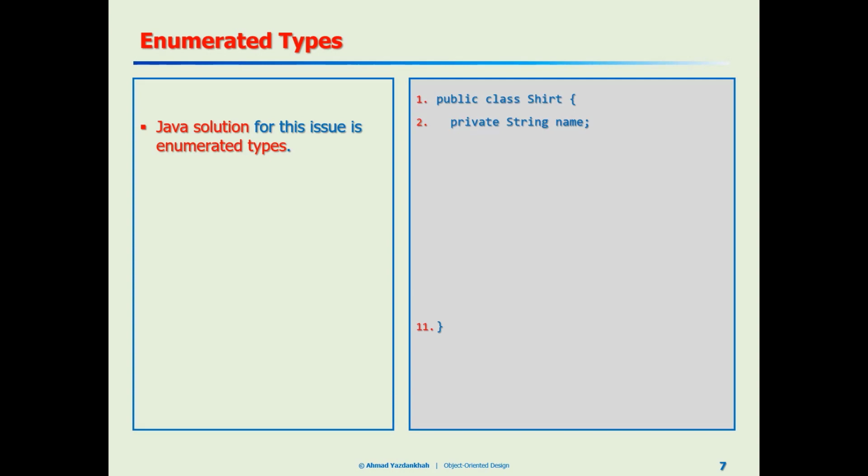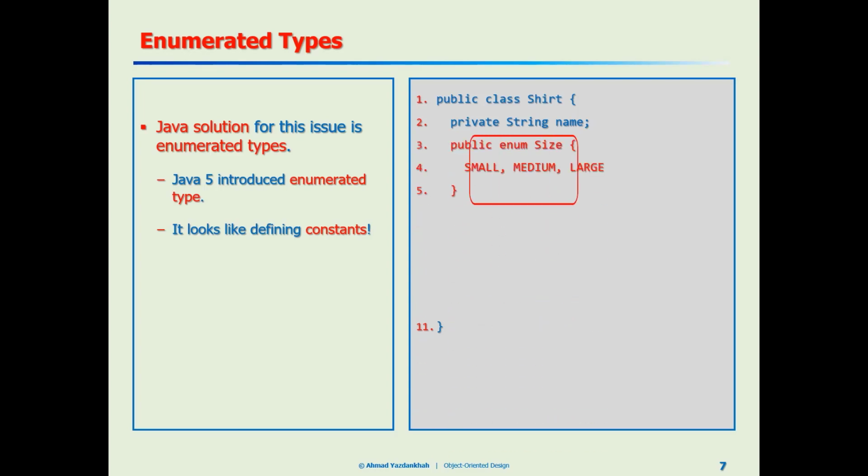So the Java solution is the enumerated type. Let me explain it here in our previous example. So this is our previous example, public class shirt, and I still have the name, but instead of defining an integer here, I create a new type, and we call it an enumerated type, or in short we say enum type, like this.